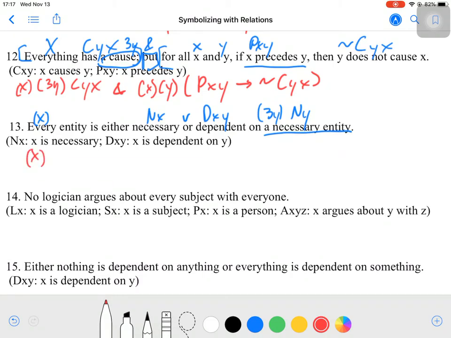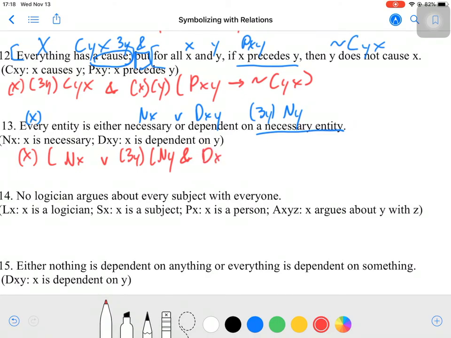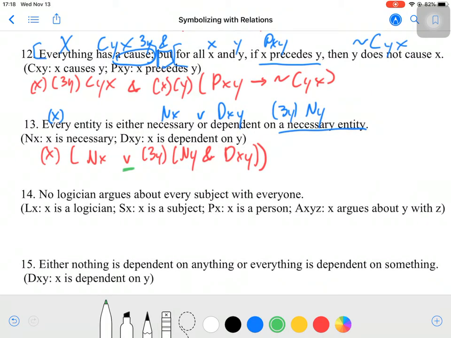So for all of x, x is either a necessary entity or there exists some y that is a necessary entity and x depends on y. This is a little bit odd because here we have a wedge instead of an arrow, but this is going to be one of the cases that every once in a while we will have something with a universal quantifier that is not an arrow.